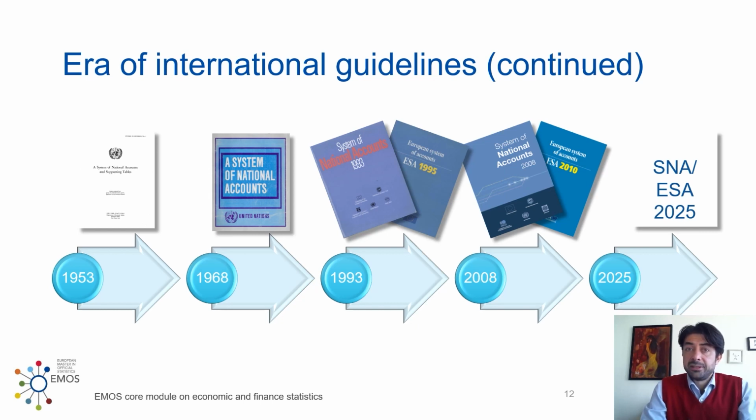And this because ESA is fully aligned with the SNA, and it is a sort of European translation of the international guidelines that takes into account some European specificities and specific needs. I will tell you a bit more in a few minutes about the relation between the SNA and ESA.